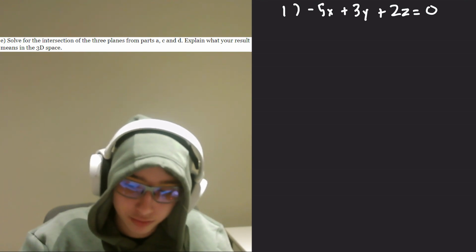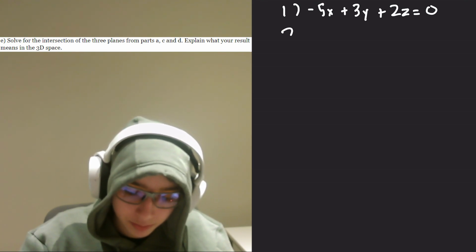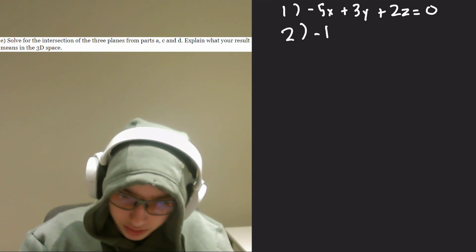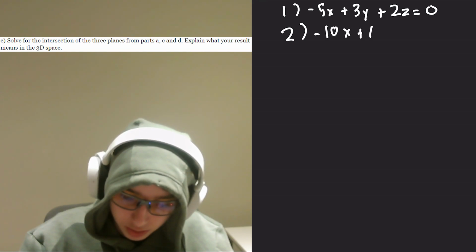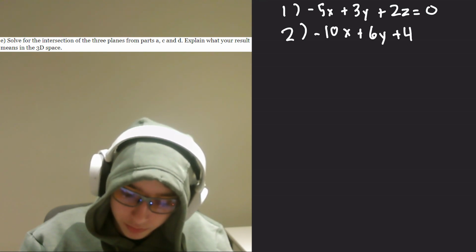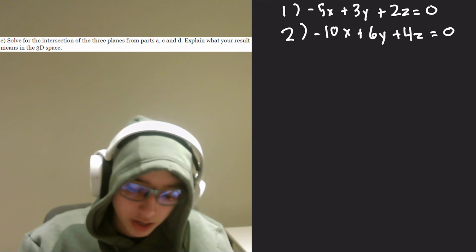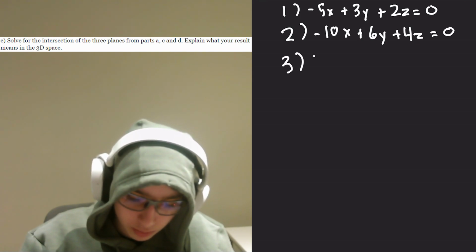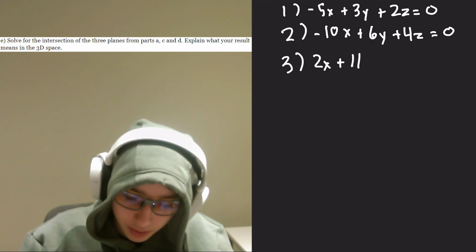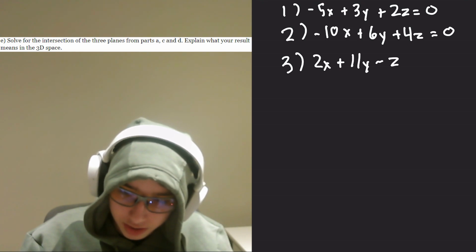And the plane from part C was negative 10x plus 6y plus 4z is equal to 0. And the plane that we made from the last question was 2x plus 11y minus z plus 7 is equal to 0.